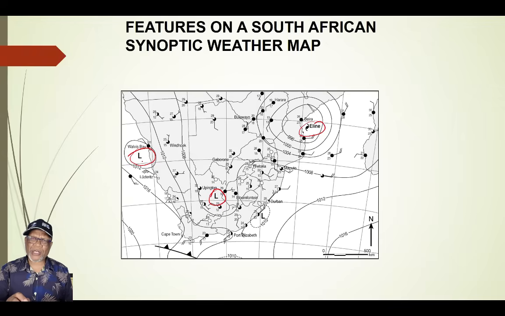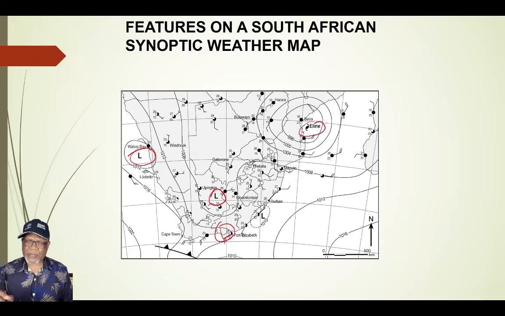It develops on the west in summer and moves towards the east along the coast in winter. It moves towards the east. So when you see the coastal low being further west, you must know that the season is summer. And then when you see it further away towards the east, then you know the season is winter.